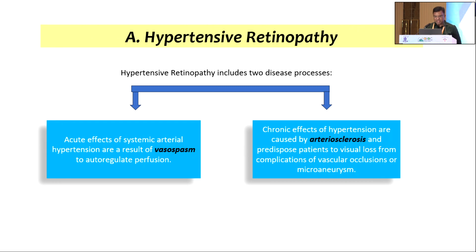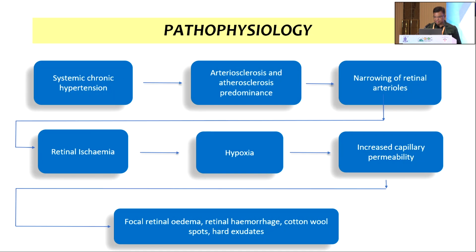So, hypertensive retinopathy is basically due to two causes. First is vasospasm, which occurs due to the acute effect of systemic arterial hypertension. And second is atherosclerosis, which is the chronic effect of hypertension. Just a couple of points about the pathophysiology.